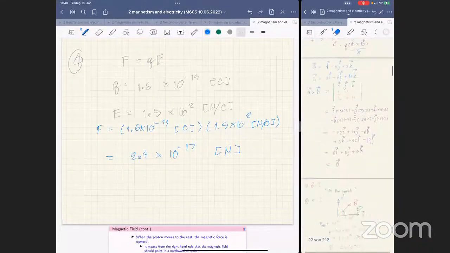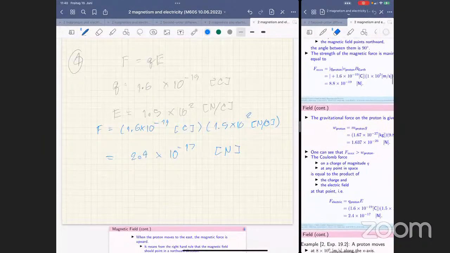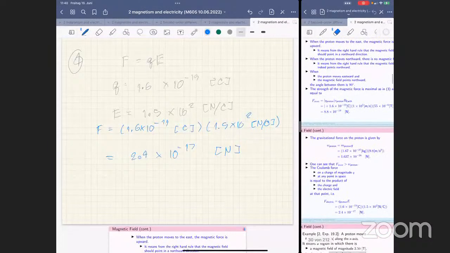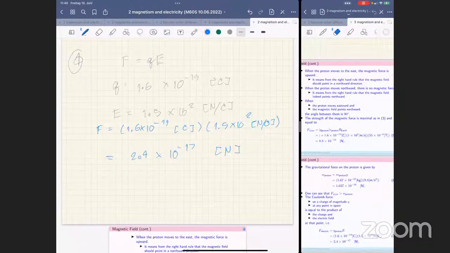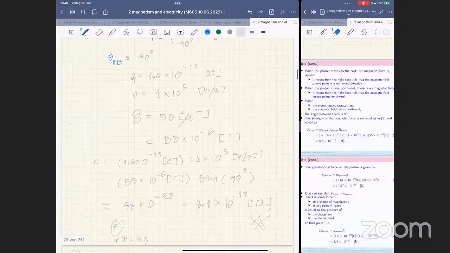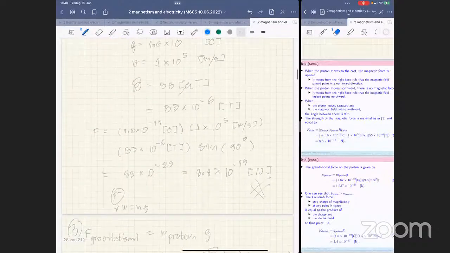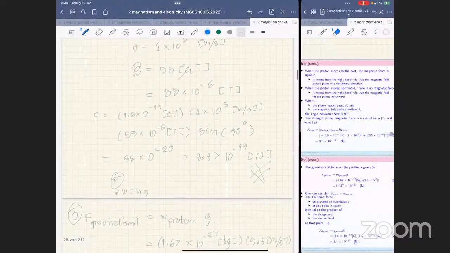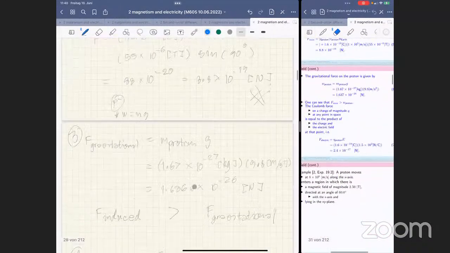So what do you think then? Which one is greater again? Let's check. The magnetic force, 8.8 times 10 to the negative 19, is all right, it's correct.